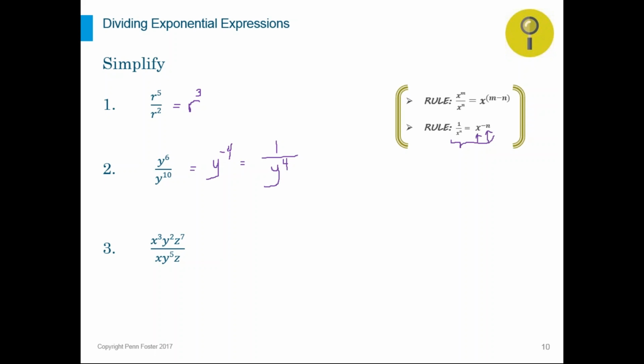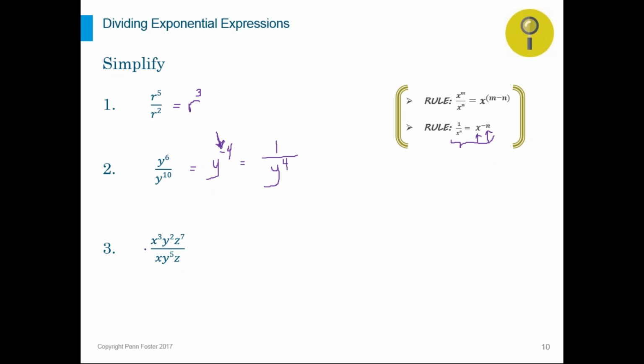So y to the negative 4 power equals 1 over y to the 4th power. That negative sign tells you to put the variable in the denominator, or flip it. If it's in the denominator with a negative power, put it in the numerator. So that would translate to switching the variable. Flip it over.